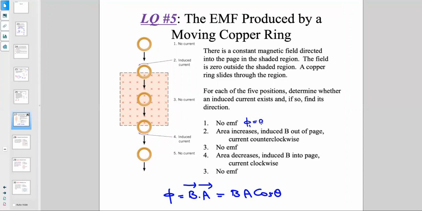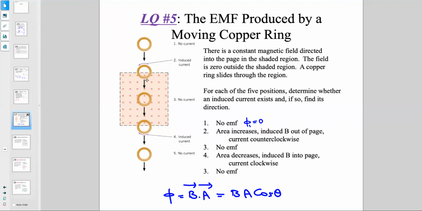At point 2, the number of lines is getting stronger and stronger. The number of lines is increasing because this ring is going in, so over time you'll have more lines going through this ring, okay?